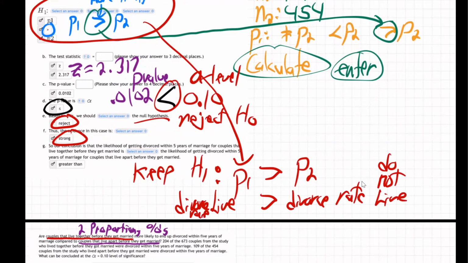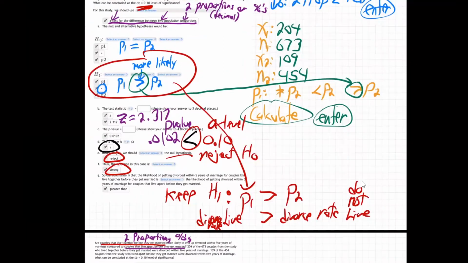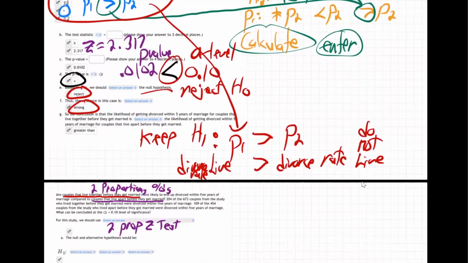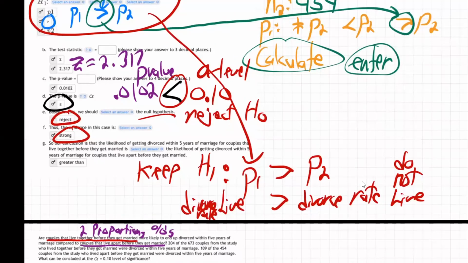So that's what we're saying, right? Because the first group, if you lose track, you just go back up. The first group, P1, is those who live together before marriage. P2 is the group that doesn't. So the evidence shows that the first group that lives together before marriage is higher than the second group. The divorce rate's higher.